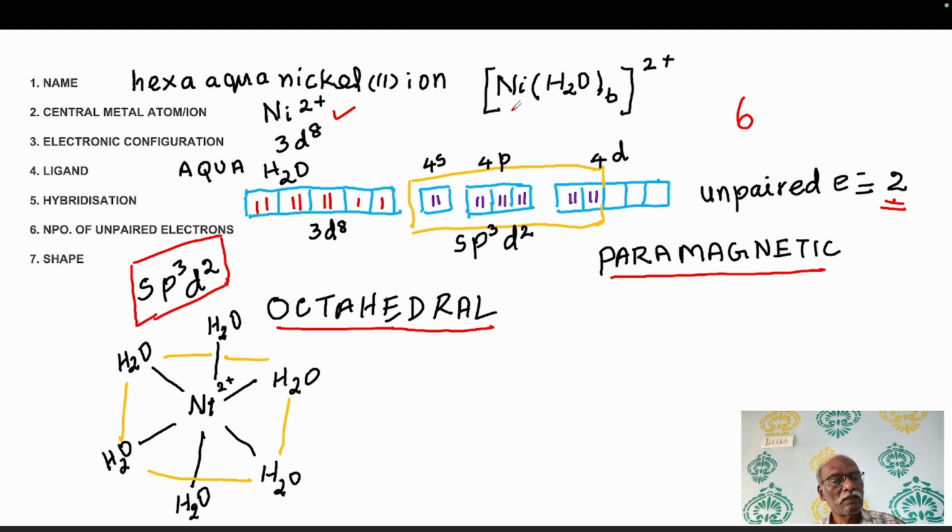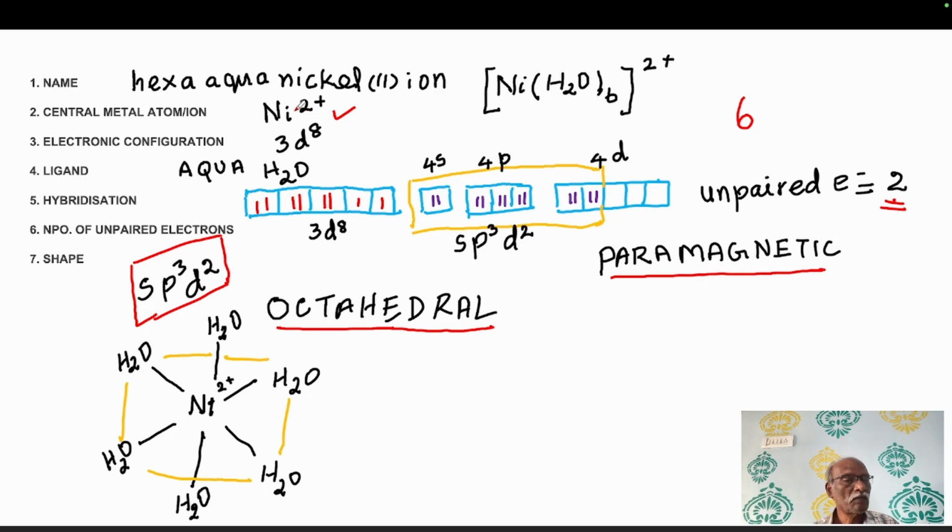Copper, nickel, titanium, iron, like that only we will say. This Roman numeral II represents the charge of the central metal, 2+. Is that okay? Hexaaqua nickel(II) ion. The IUPAC name we understood.